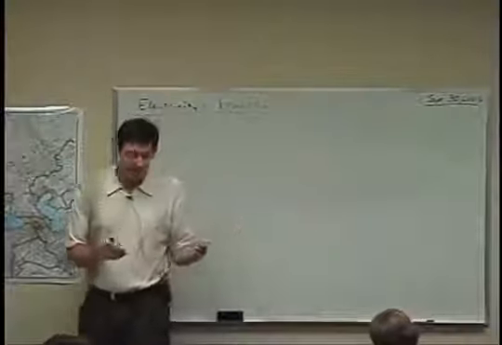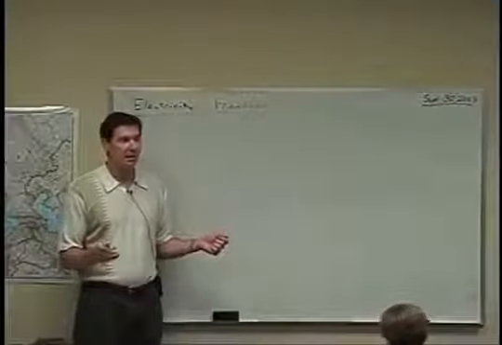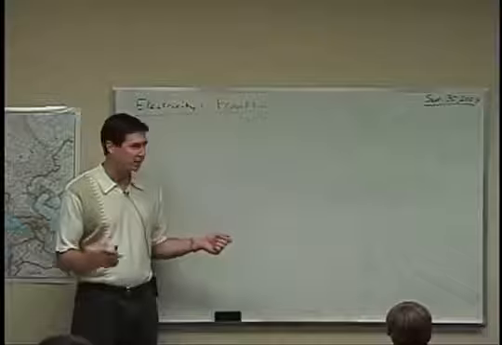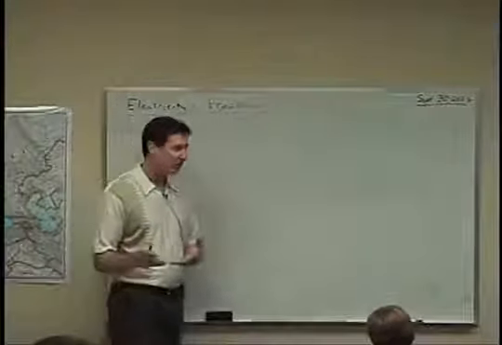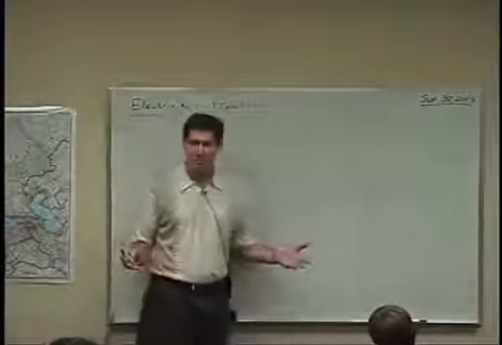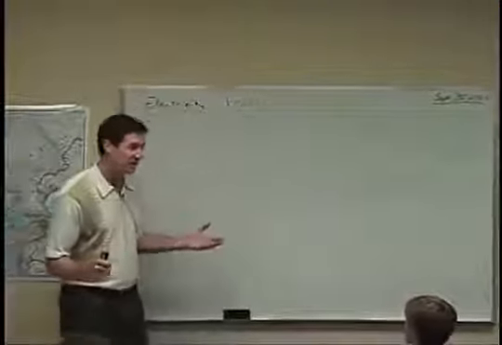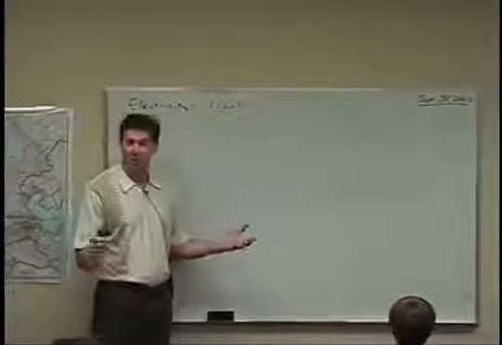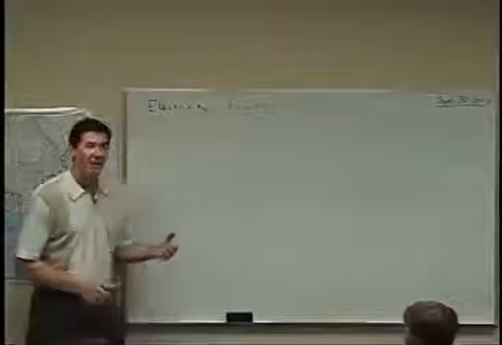There's never a case where electrical fluid is created or destroyed. All it does is transfer between bodies, flow between bodies. It moves around from one body to another, but there's always the same total amount of this electrical fluid.